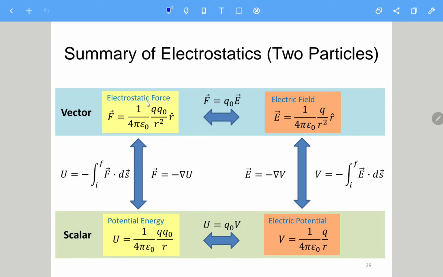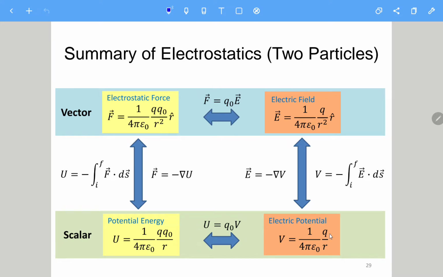So it is Q and Q0 in the numerator and R squared in the denominator. For the electric field, we only have Q, the first order of Q in the numerator and R squared in the denominator. The relationship between the force and the electric field is F equals Q0E.